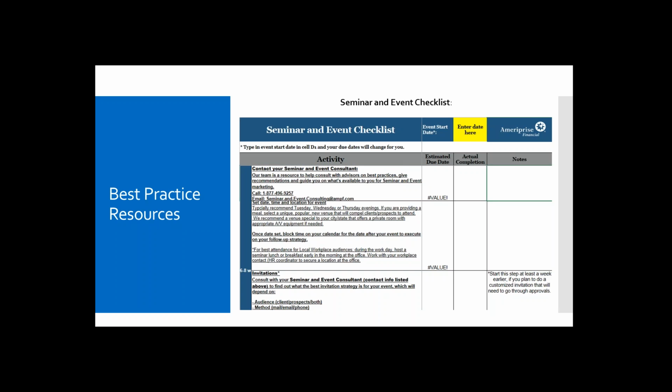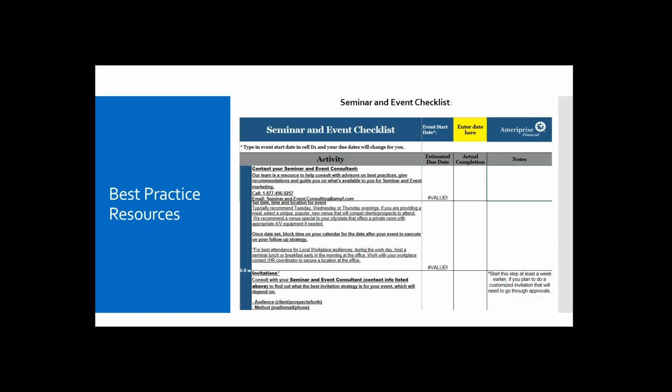The seminar and event checklist, as I mentioned, was created by Ameriprise, but with the way that they've designed it, if you enter the date of the actual event into this checklist, it'll pre-populate the estimated due date for you, so you know just when to get each of these activities completed.